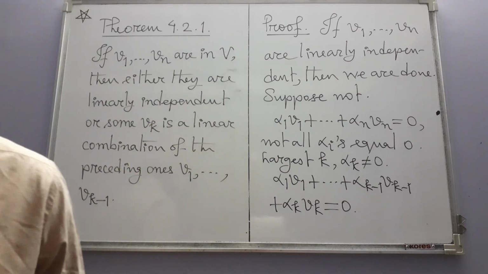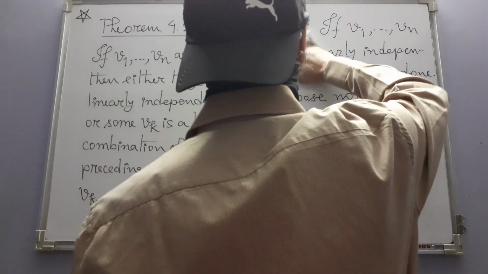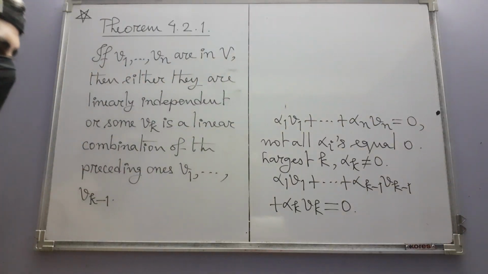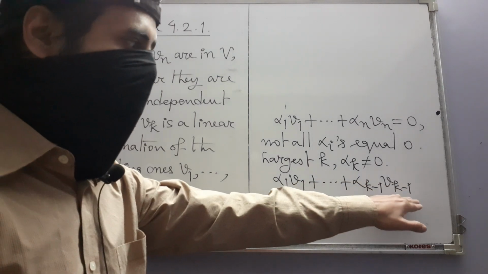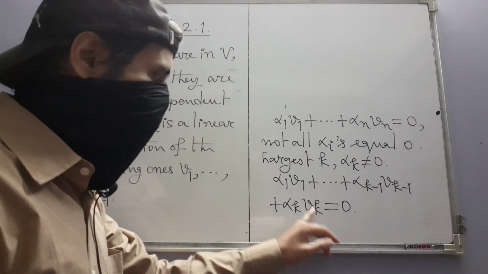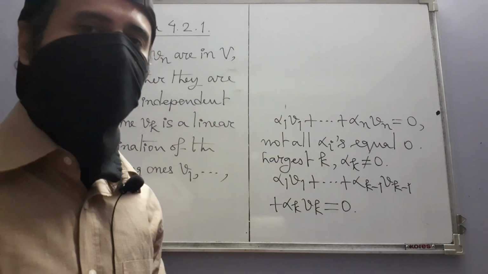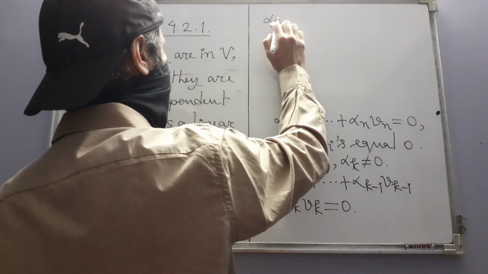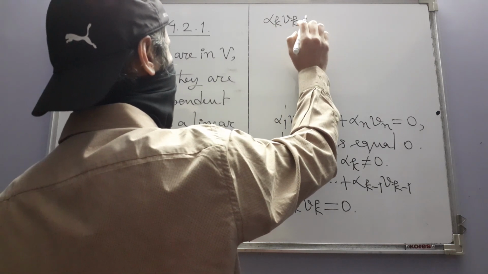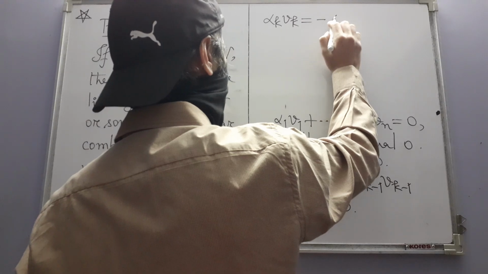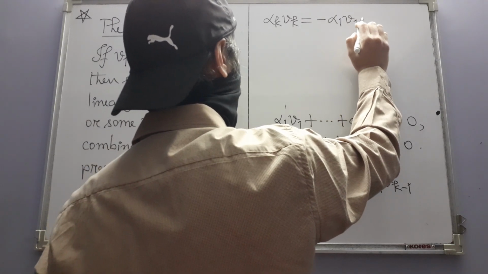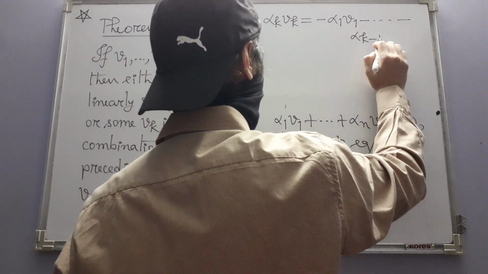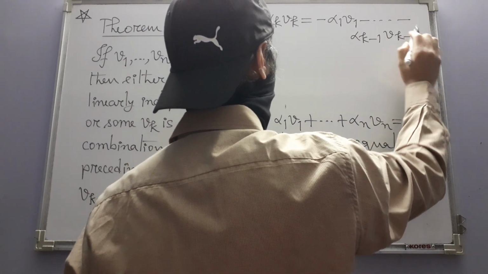What does the proof do after this? Let me continue from here. After this, the proof takes all the Vi's that come before Vk to the other side. So we will then have alpha k Vk equal to minus alpha 1 V1 minus alpha 2 V2, and so on, minus alpha k minus 1 Vk minus 1.